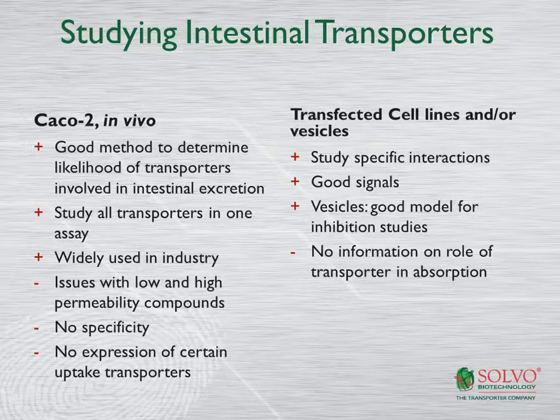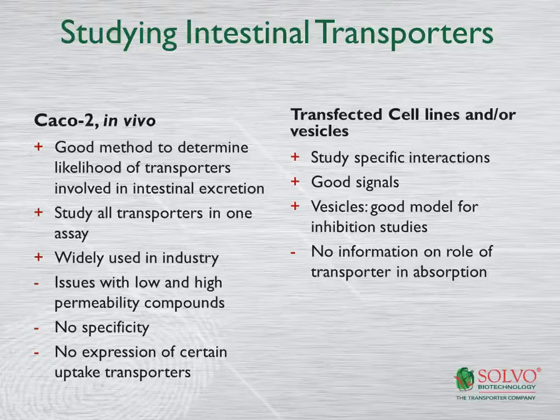So I want to go to the CACO2, but Roloff already talked about it. It's a very good method, especially for PGP and BCRP. It studies a lot of transporters, all transporters which are expressed. It's widely used and also recommended by the guidance, so I recommend using this cell line to get a good overview.